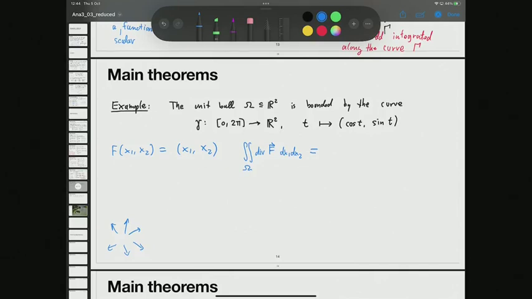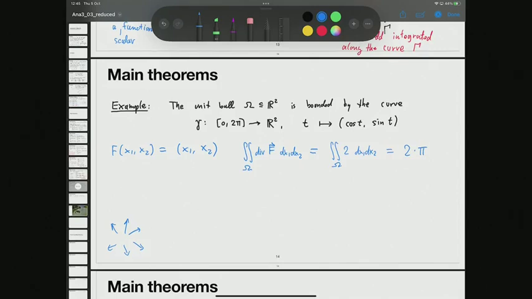That means we take the x1 derivative of x1 and the x2 derivative of x2. That added together is just 1 plus 1. So we just take the integral of 2 here. We integrate 2 over the unit disk. So what we get is 2 pi. The unit disk has area pi, so if you integrate 2 over it, of course, we get 2 pi.